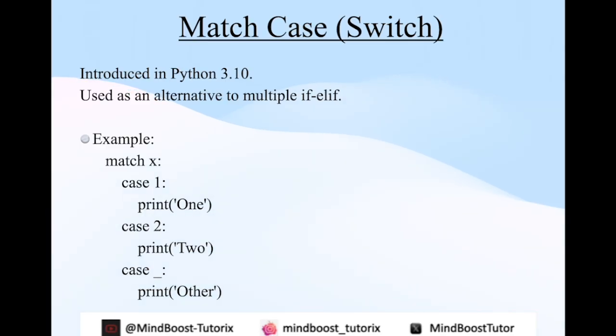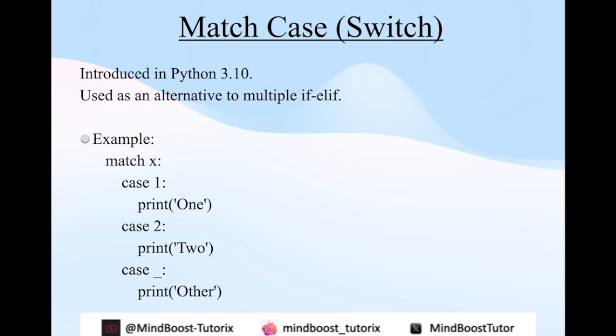So this is also an alternative for if else conditions. And the difference is, when you go with if else conditions, they execute one by one every time, and it takes more time as compared to match case conditions, right?